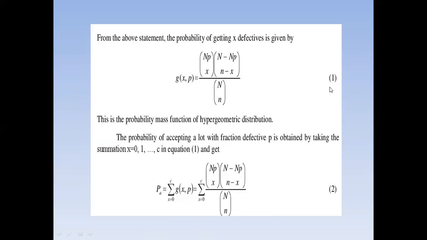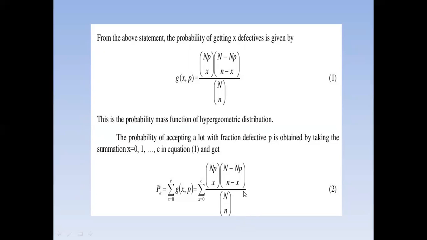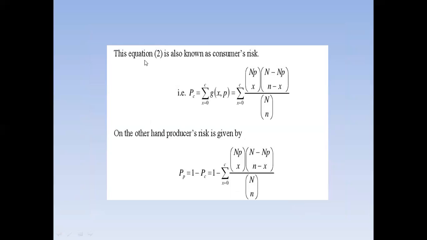So we take this as equation 1. From that equation, P of A is equal to the summation from X equal to 0 to C of g of X comma P, which is equal to the summation from X equal to 0 to C of NP C X times N minus NP C n minus X, by N C n. Let us call this equation 2. Equation 2 is also known as the consumer's risk, that is P of C. P C is equal to the summation from X equal to 0 to C of g of X comma P, which is the summation of NP C X times N minus NP C n minus X, by N C n.